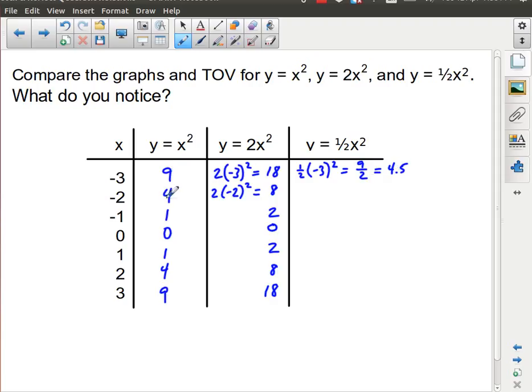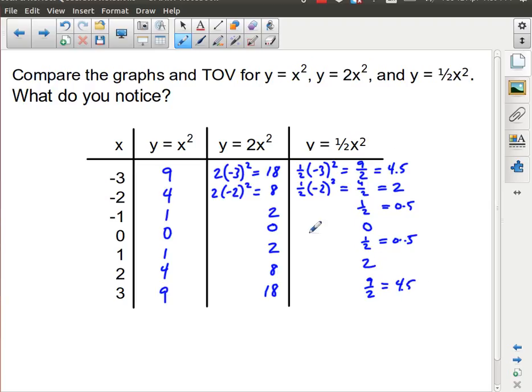If I do the next one, it's going to be half of 4, so it's going to be 1/2 of -2 all squared, which is 4/2, but that's simply equal to 2. That's half of this value. Half of this one is 1/2, which is the same as 0.5. 1/2 of 0 is just 0. 1/2 of 1 is 1/2, which is the same as 0.5. 1/2 of 4 is 2. And 1/2 of 9 is 9/2, which is the same as 4.5.